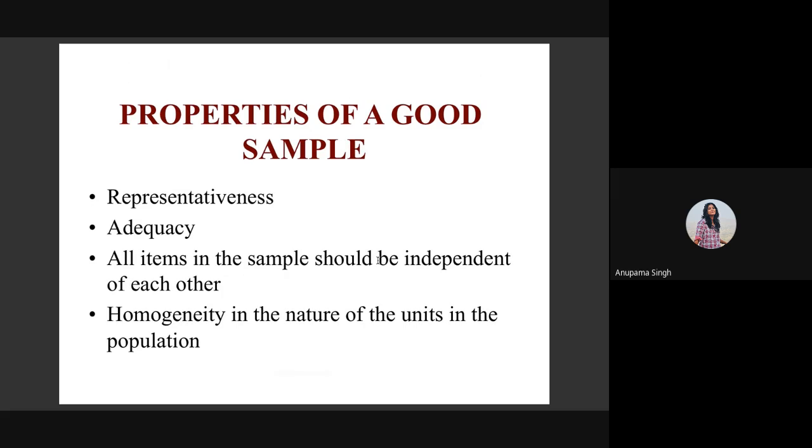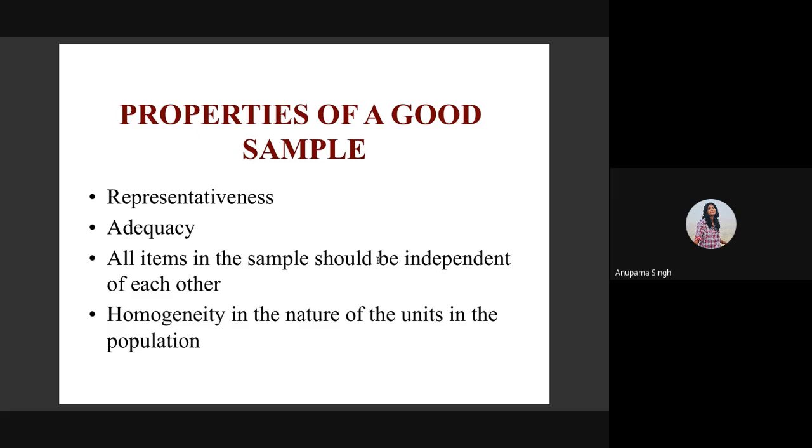Properties of a good sample. This we have talked about. The sample should be representative in a way that it should contain one individual from each and every section of your population. If you are taking any kind of data that includes caste or religion as a factor that can make an influence, then a good sample will be a sample that includes, not each individual, but at least one individual from each caste or religion, right?